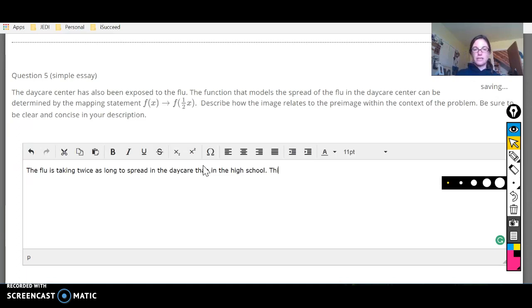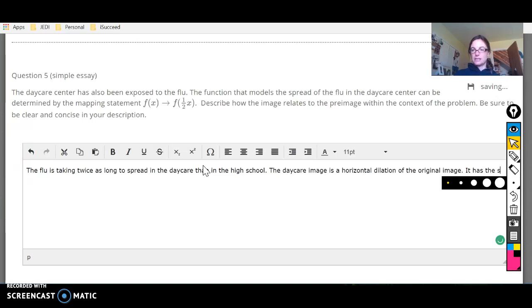So the daycare image is a horizontal dilation of the original image.